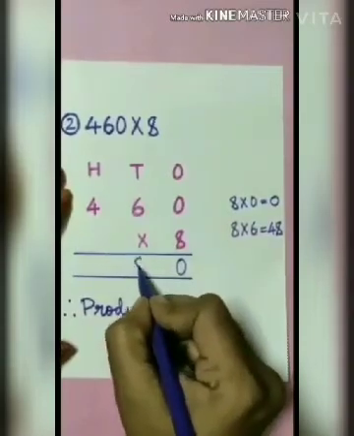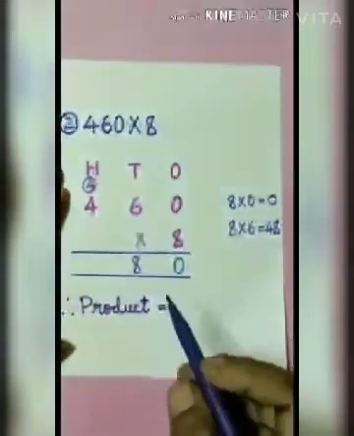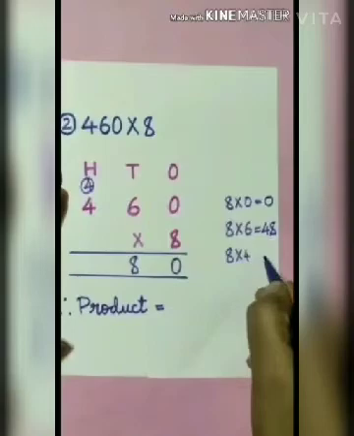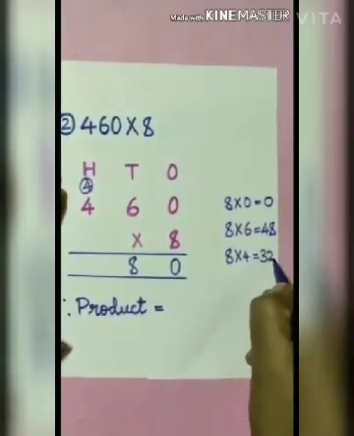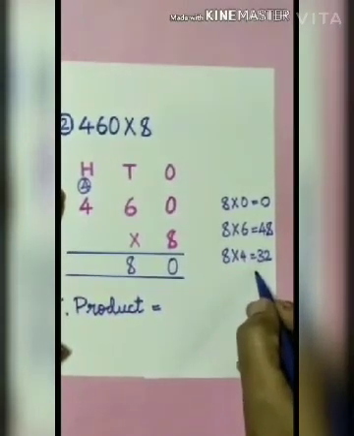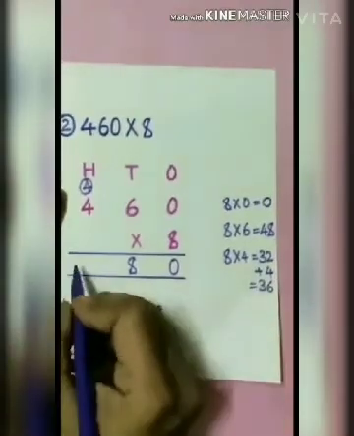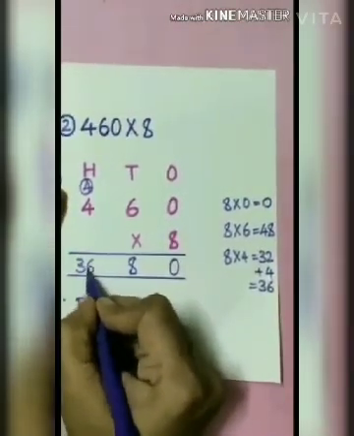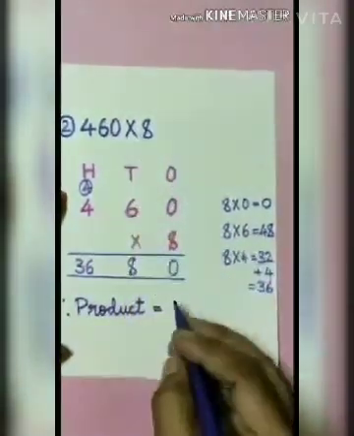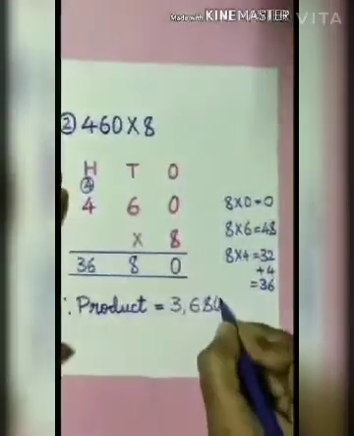Write 8 in tens column and 4 carry in hundreds column. 8 fours are 32, plus carried over 4, 32 plus 4 is equal to 36. Write 36 in hundreds column. Therefore, product of 460 into 8 is 3680.